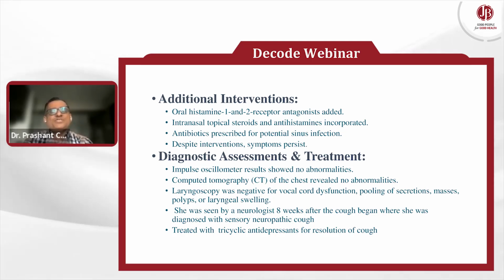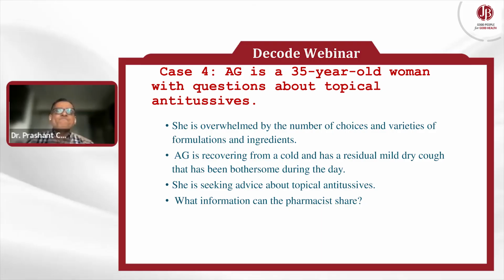So such individuals are recommended to the neurologist to look for neurogenic cough. And then an assessment was made, and she was given a tricyclic antidepressant, and that led to a resolution of cough. So you need to look at the psychogenic component also in individuals with chronic cough. And as we go ahead, we'll discuss this in more detail.